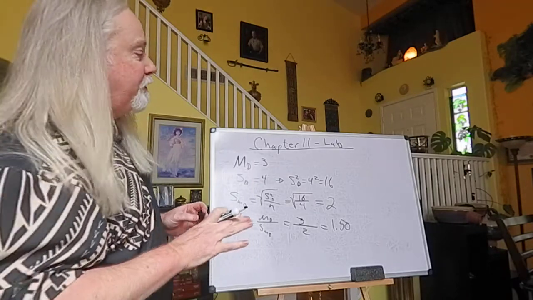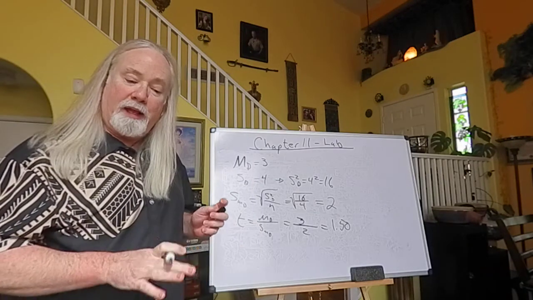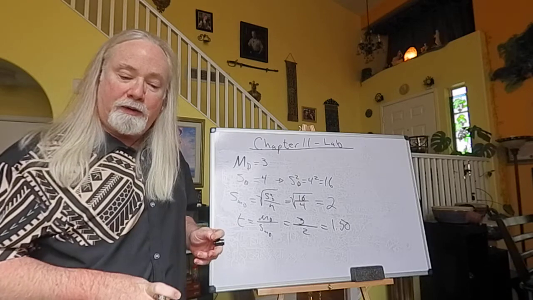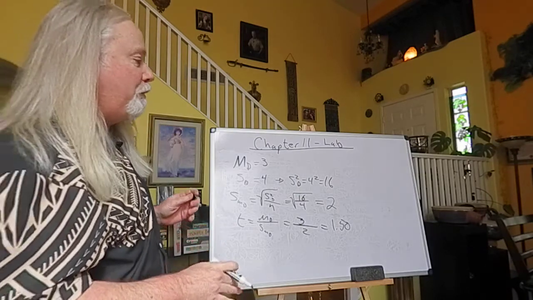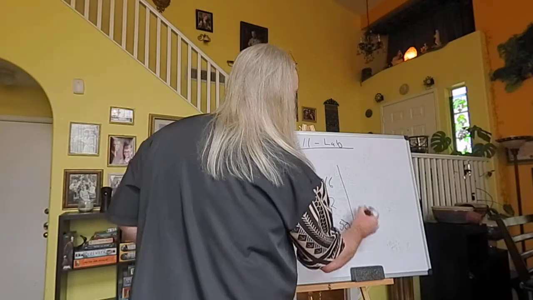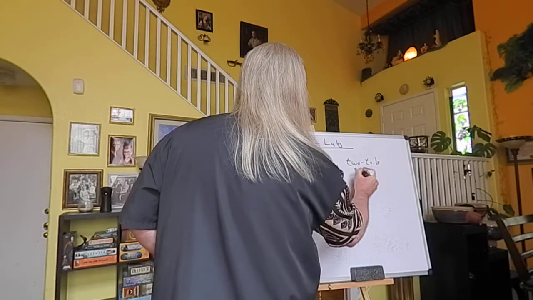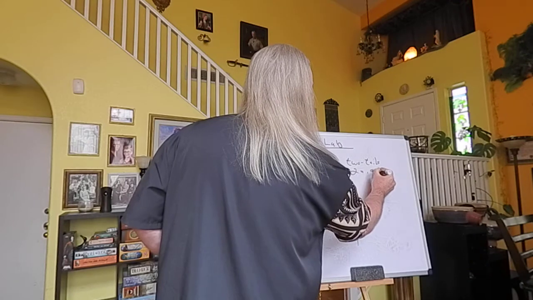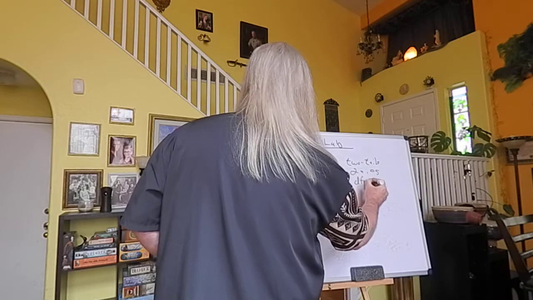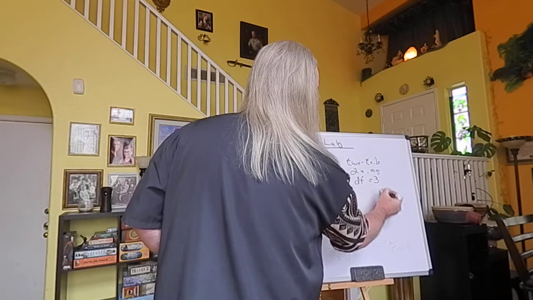So it asks if it's sufficient to reject. Well, we need to have our critical t value looked up. So we know it's 2 tails. We know the alpha level is 0.05. We know the degrees of freedom is 3.